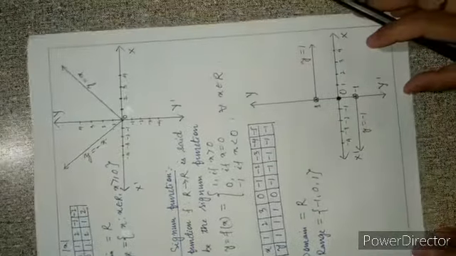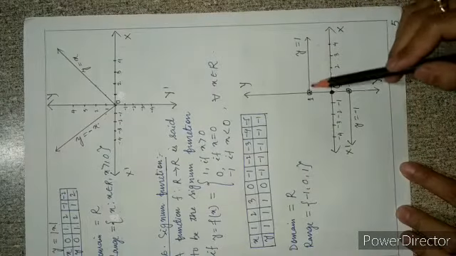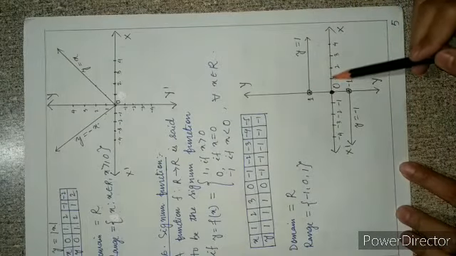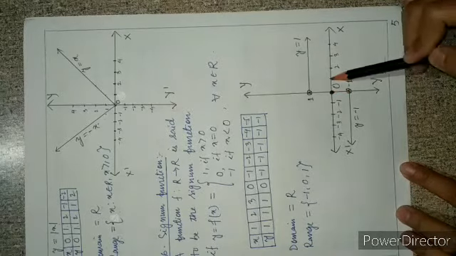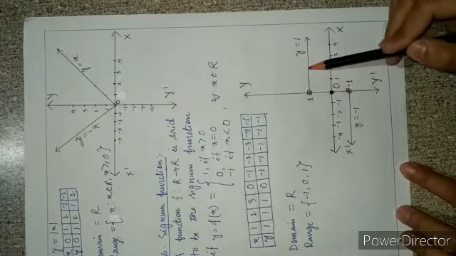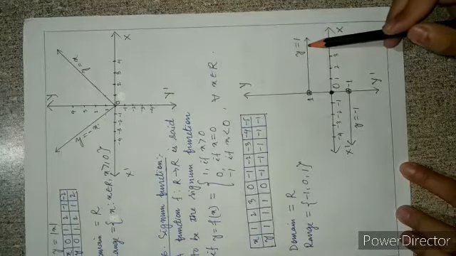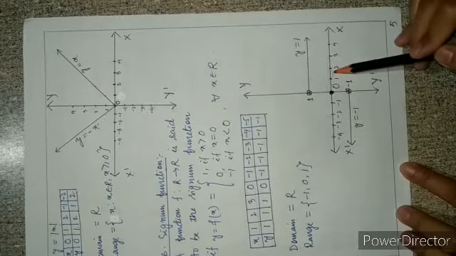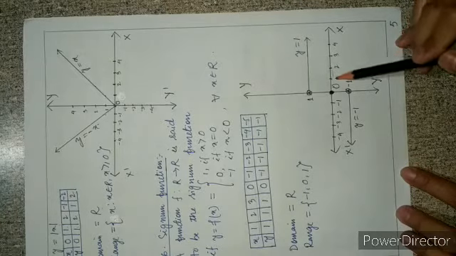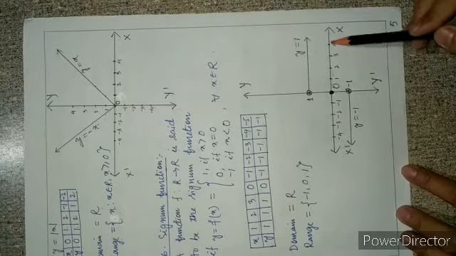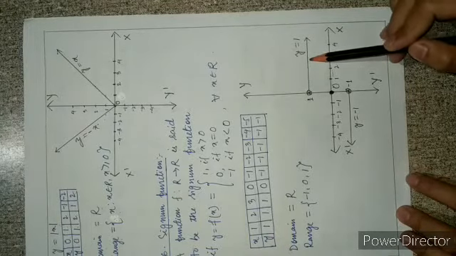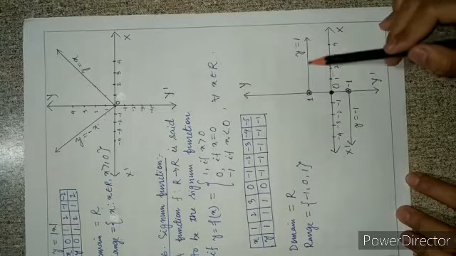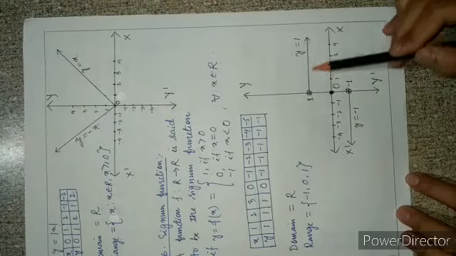Now see the graph. When x is equal to 0, y is 0. When x is equal to 1, 2, 3, 4, and there are infinite numbers of real numbers in between any two natural numbers, these infinite numbers are all mapping to 1.